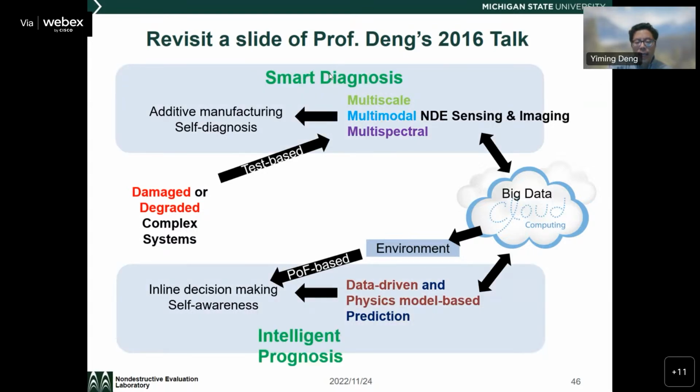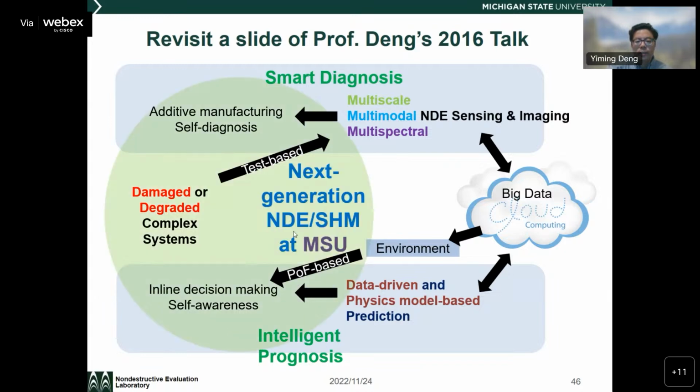The top half from the diagnosis part is smart diagnosis, because you have the self-diagnosis capability, while the bottom one is an intelligent prognosis arm, where you have a self-awareness of the system.